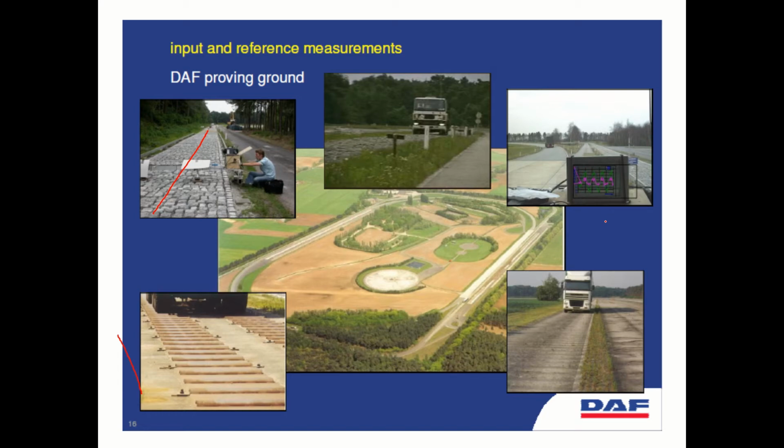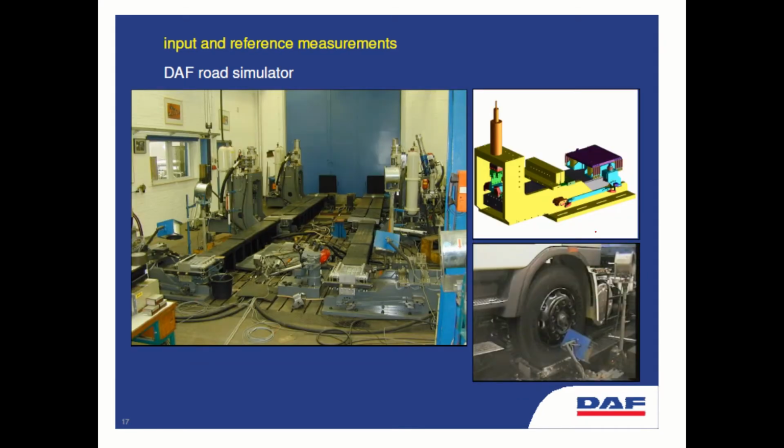Many other tests they do on this proving ground. Of course, inside the laboratory also we can do this while building each system, but finally we have to go to the proving ground and test them.